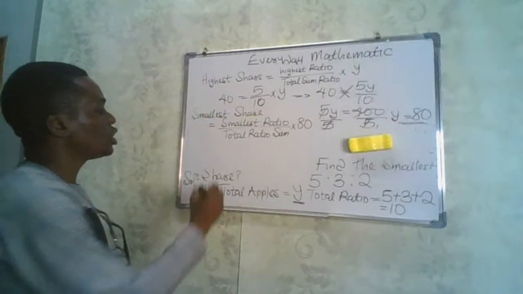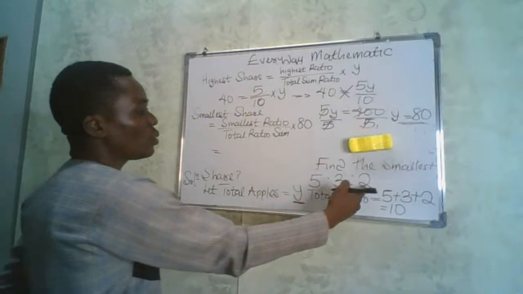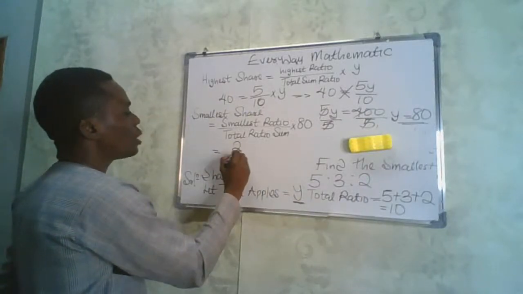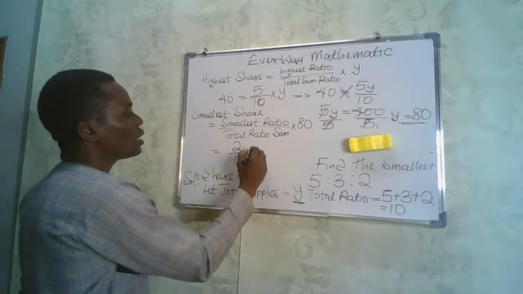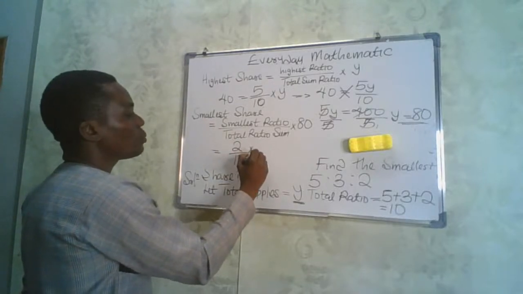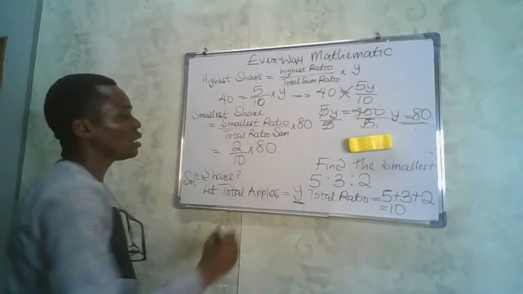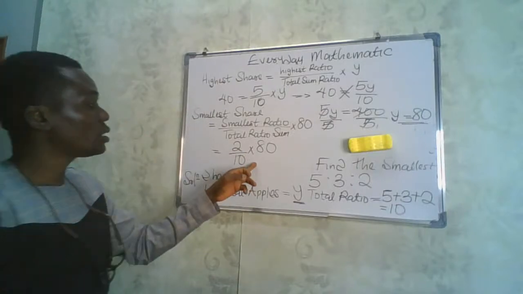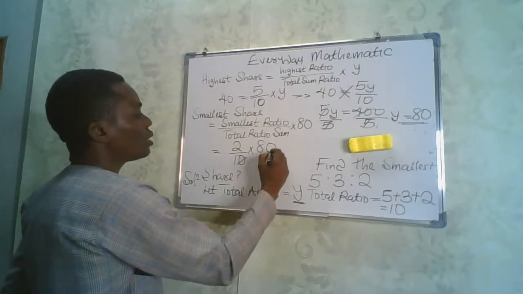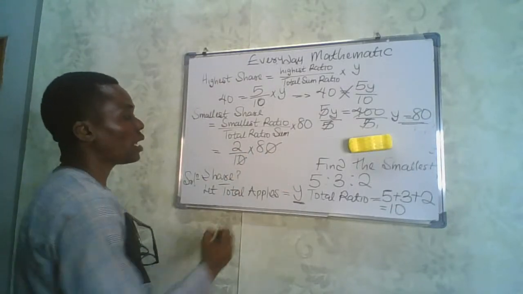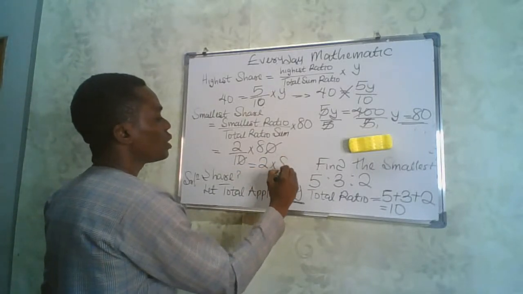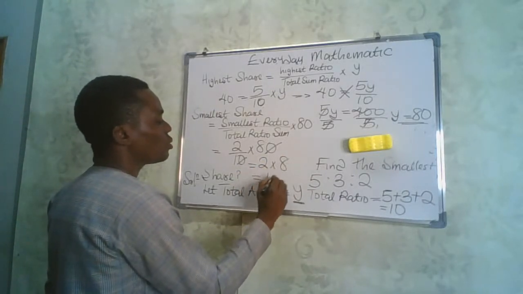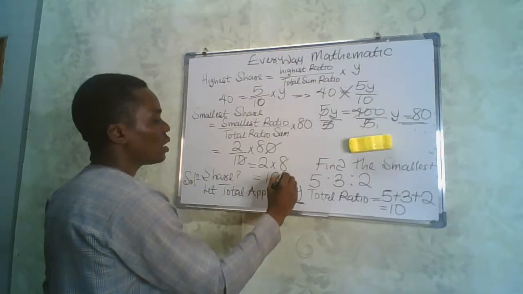So the smallest share will now be equal to the smallest ratio, which is 2, divided by the total ratio, which is 10, multiplied by 80. Now, to simplify this, the 0 will clear the 0, and then we'll be left with 2 times 8, and 2 times 8 is going to give us 16 apples.